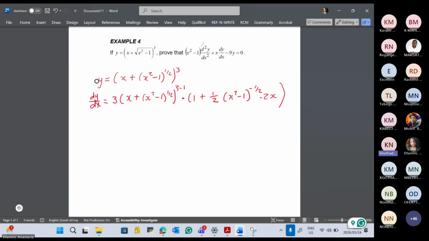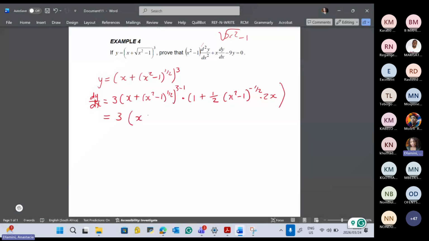What's the derivative of the square root of x squared minus 1? I get your point. Now we haven't made any mistake here, guys. I hope not.